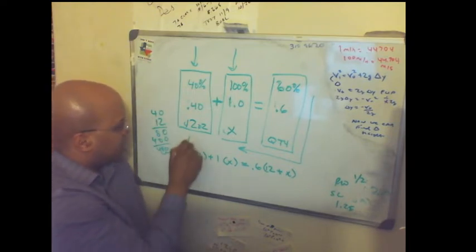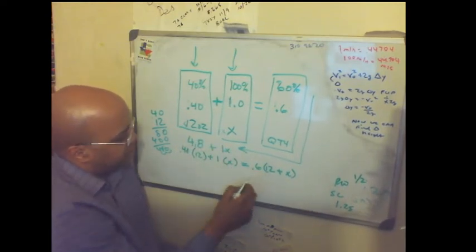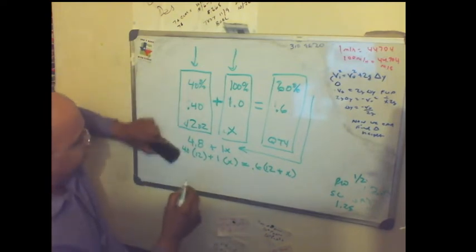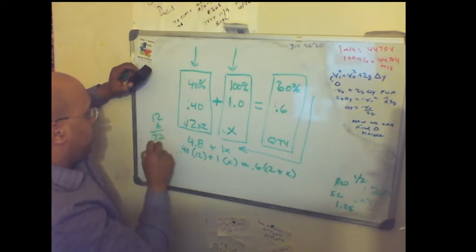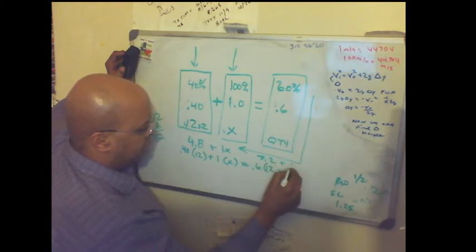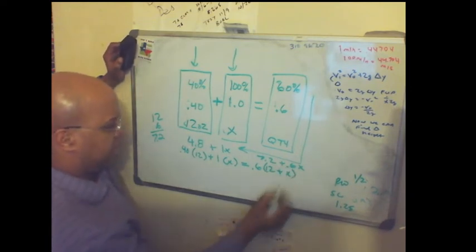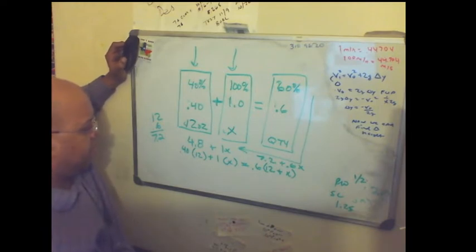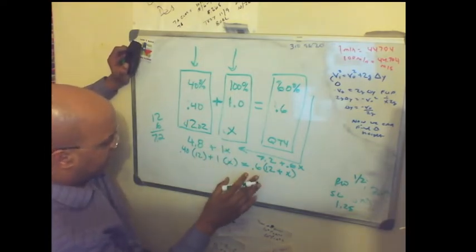So this is going to be 4.8 plus 1x is equal to 12 times 0.6, which is 7.2, plus 0.6x. My apologies. You have to be very meticulous about this, because if you go off, it's going to throw you. After that, all we really need to do is combine like terms.